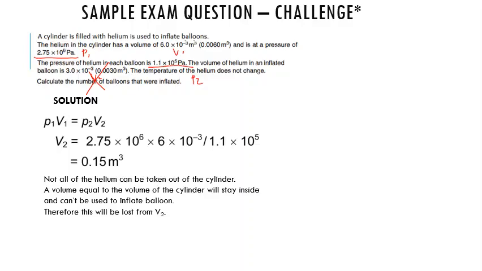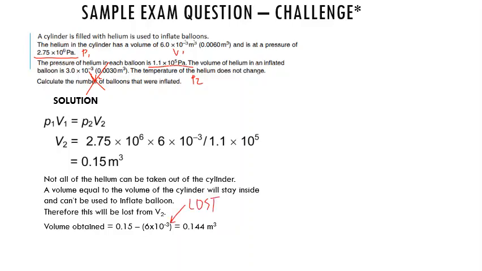So we are basically losing the volume of the cylinder itself because this will not go out. You can't make the pressure inside zero. They will stay inside. So the last step is to subtract the volume of the cylinder from that volume, because this here is a volume that you can't extract. It's going to be lost.